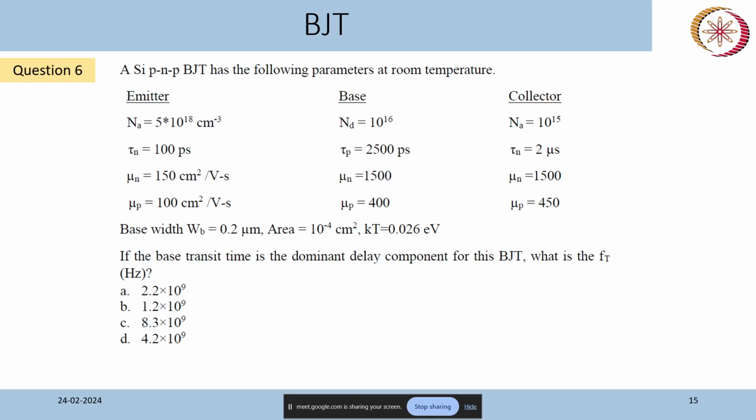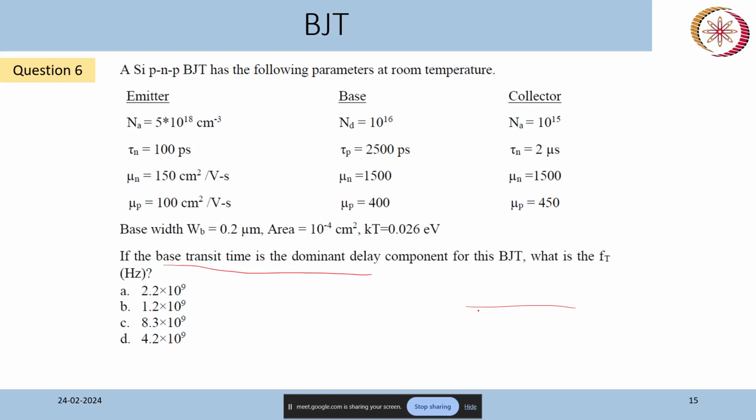So in a BJT, it involves certain delay components, that is because of the charging and discharging, the movement of the carriers. Okay, and based on that, up to which frequency we can operate these transistors, those are determined. Okay, here for this question it was given as the base transit time, that is the dominant delay part.